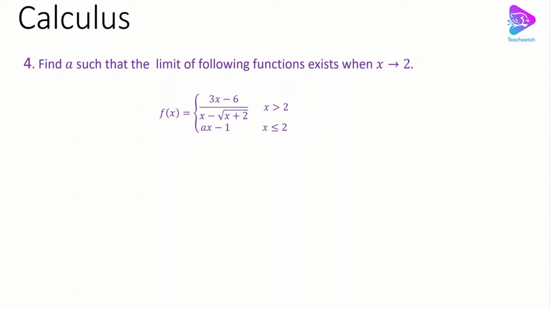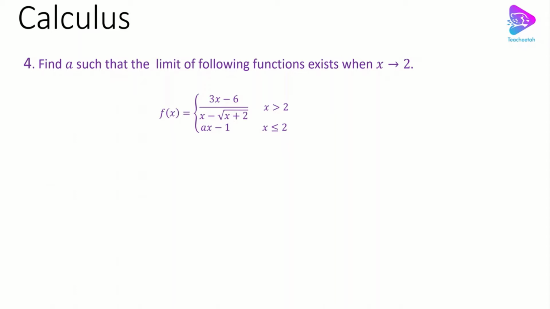If we look at the function, we have a sort of piecewise function. When x is bigger than 2, the function is 3 times x minus 6 over x minus square root of x plus 2.